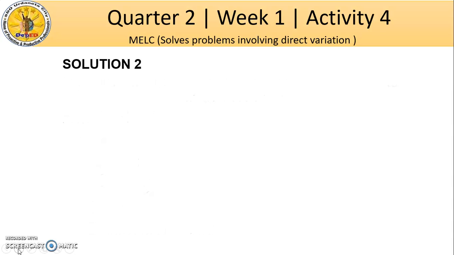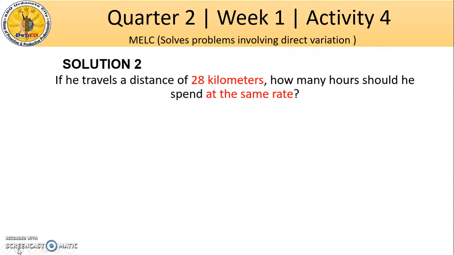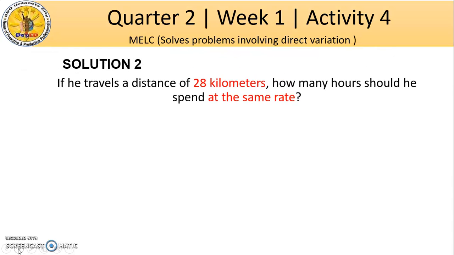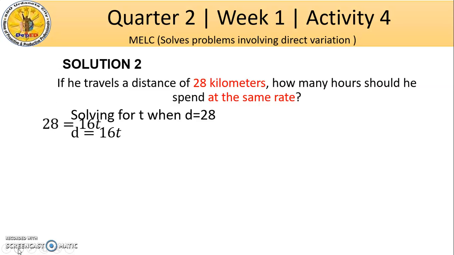For solution number 2, we will solve for the t, or the time, when the distance is 28 kilometers. So we use the equation from the first solution, d equals 16t. We substitute the values, d will become 28 equals 16t.